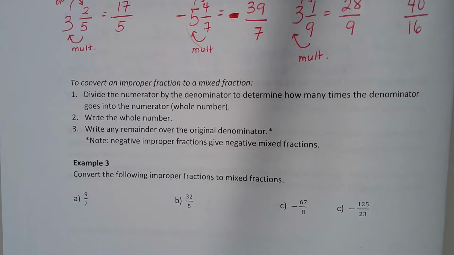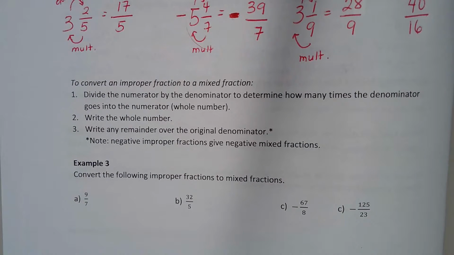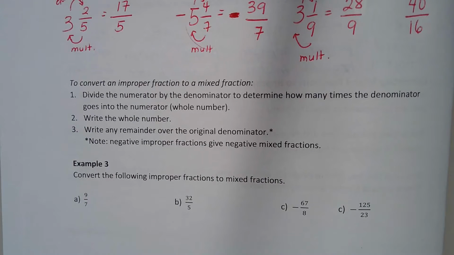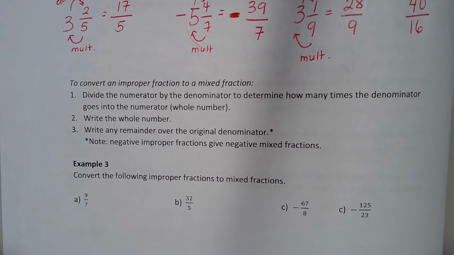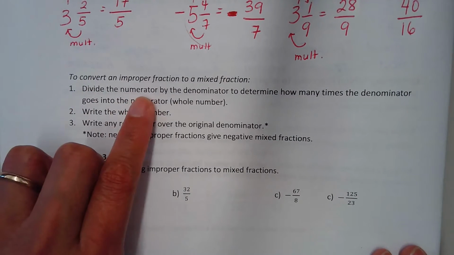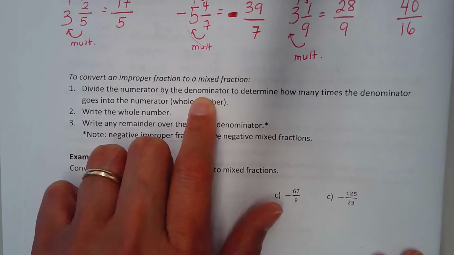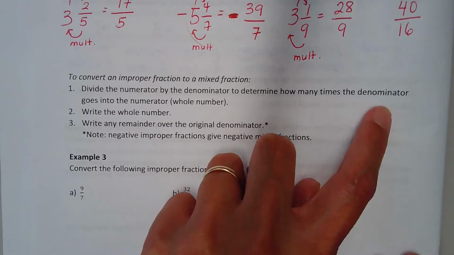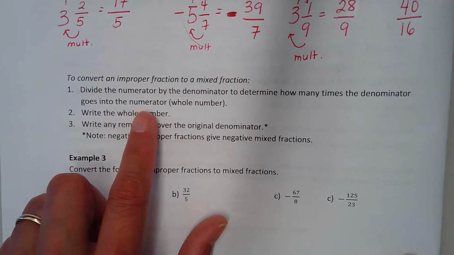Okay, now we're going to go the other way around. What if we have an improper fraction and we're going to change it to a mixed fraction? Do you guys remember long division? Step number 1, divide the numerator by the denominator to determine how many times the denominator goes into the number.